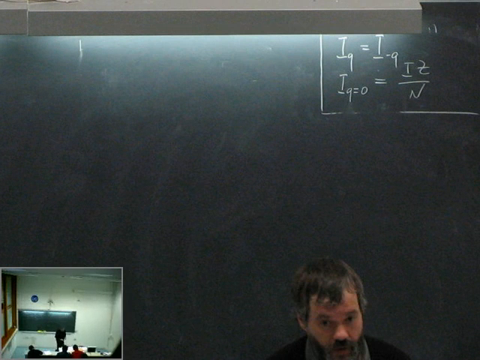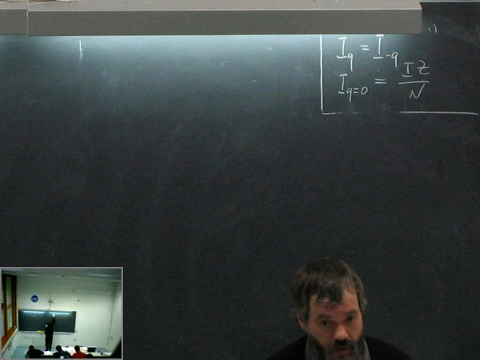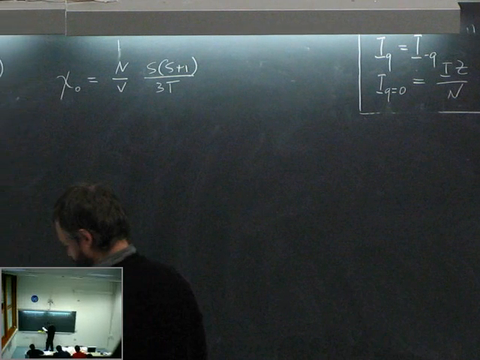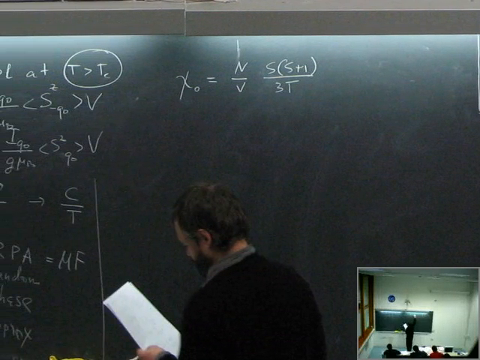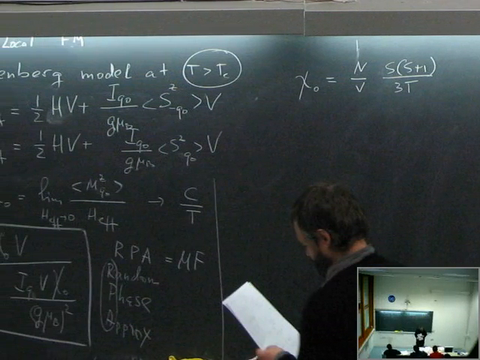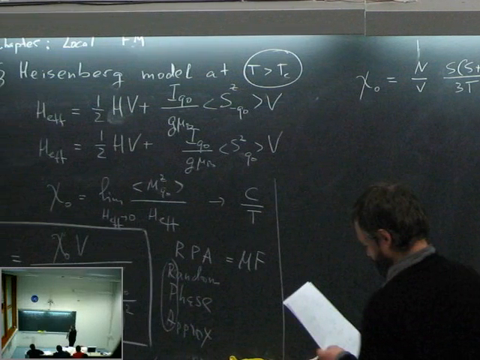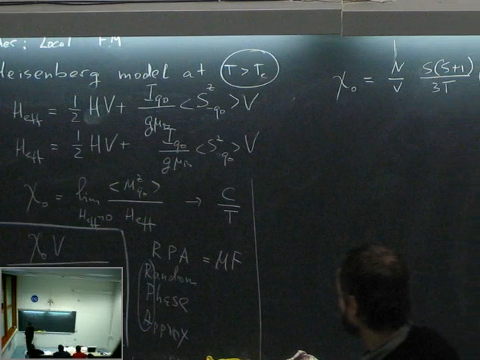So, let's go back to Curie susceptibility, because we know what chi naught is. I remind you that chi naught is equal to n over V, S(S+1) over 3T, times (g mu Bohr) squared. Okay, let's plug in chi naught here.